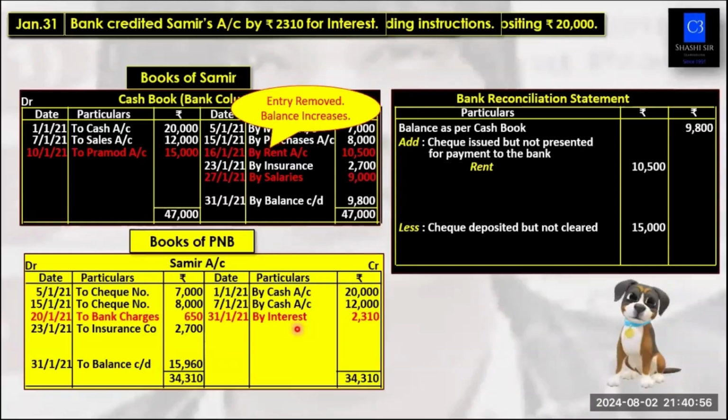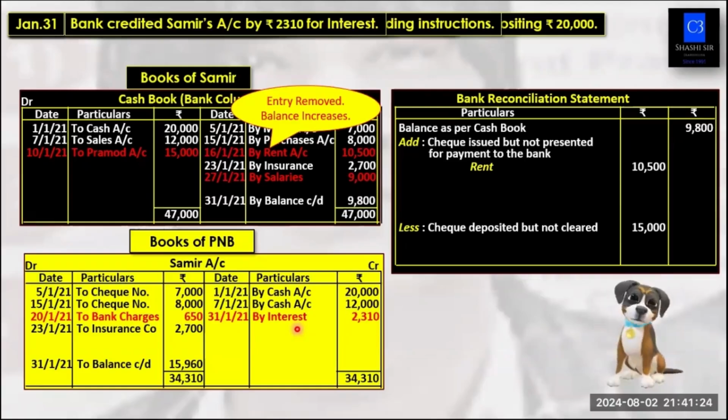Which entries will be removed? The entries which were present in the cash book but not in passbook will be removed. And the entries which were in passbook cannot be removed from the passbook. Instead, we will pass those entries in the cash book also to make these two books similar.